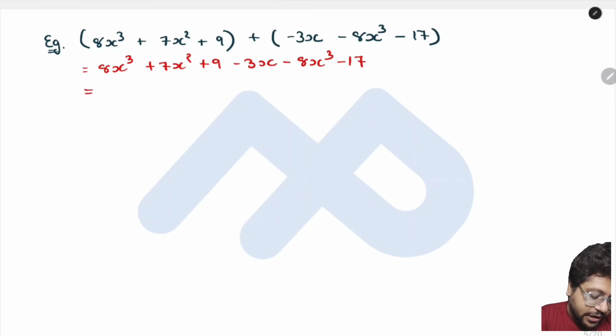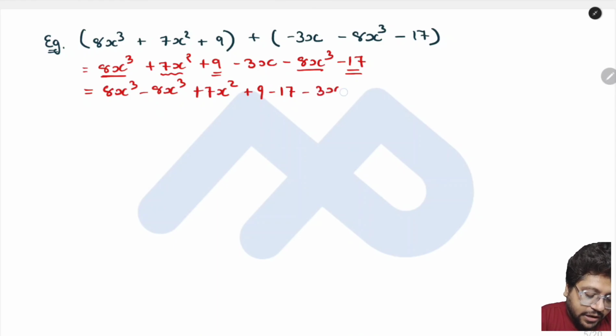Now let's bring the like terms together. This 8x cube and minus 8x cube are like terms, so let's bring them together. Then this 7x square doesn't have any like term, so keep it as it is. Then this 9 and minus 17, they are like terms, so let's bring them together. And then this fellow minus 3x will remain as it is because it doesn't have any partner with it.